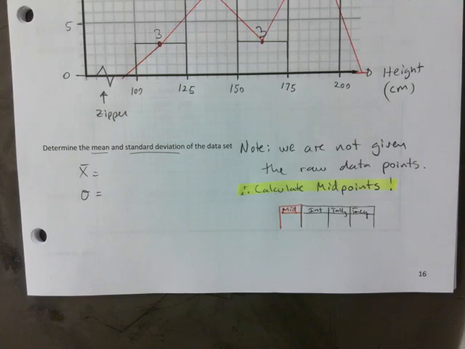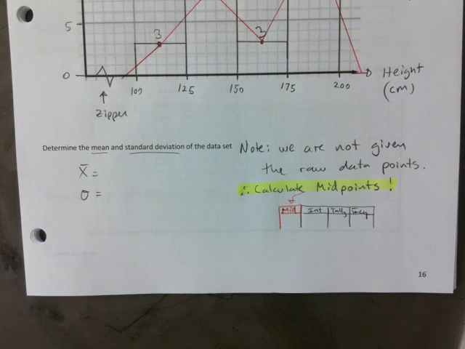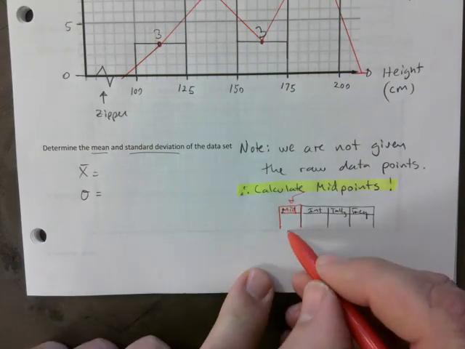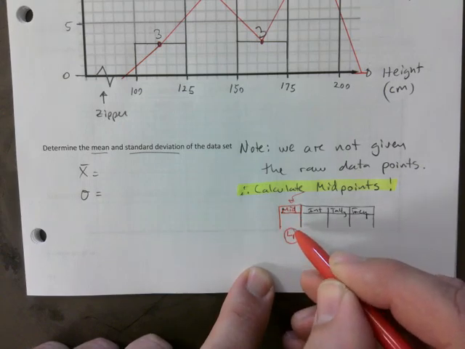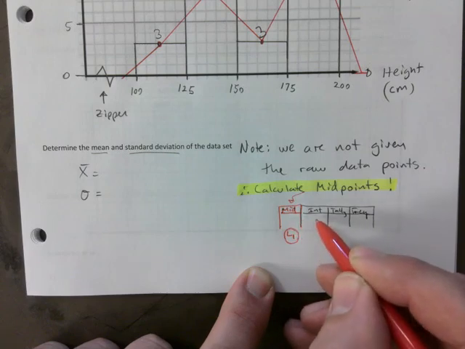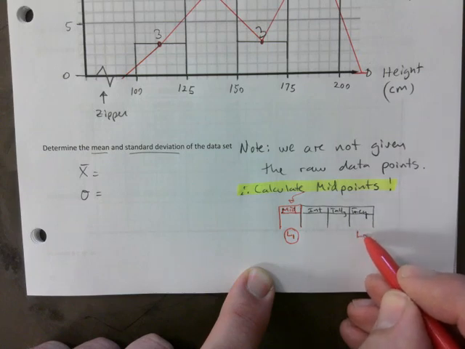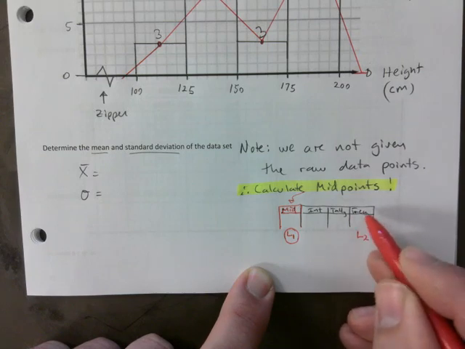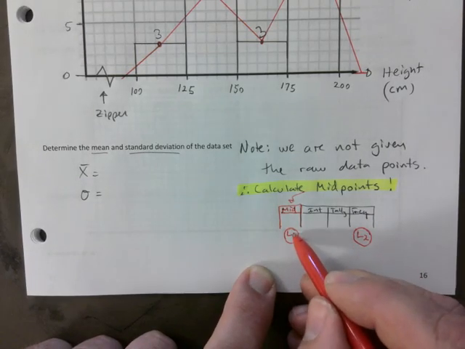So we're going to do that separately. And guess what? What do we do after that? We put this into L1, this one that we've created that we're going to calculate for every single interval. And we put the frequency, the amount of items that we're considering, into L2. So L1, L2.